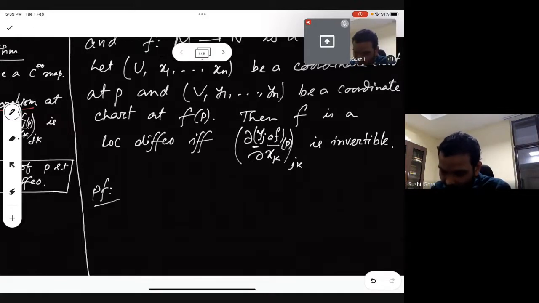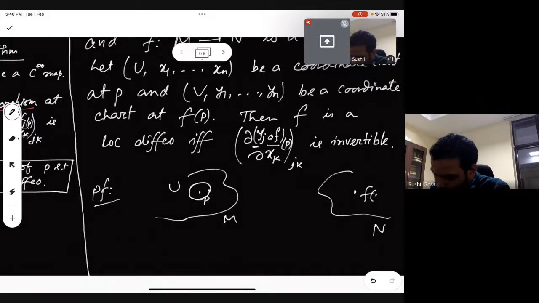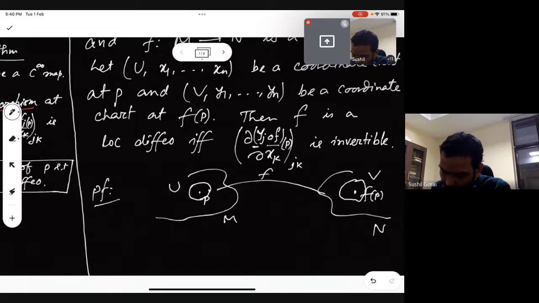So you have here M, N here, p is a point, and you have a coordinate system U here, this is f(p), you have a coordinate system V here, and this is the map f.